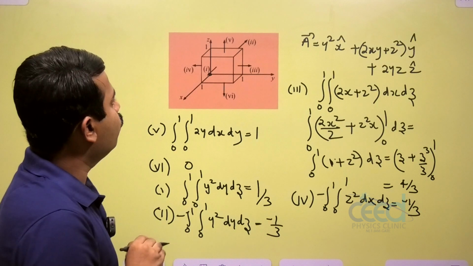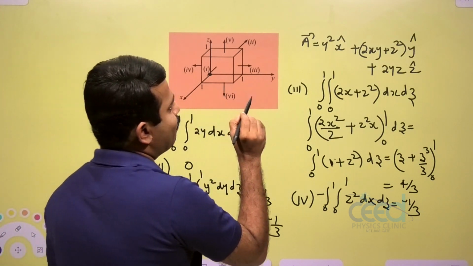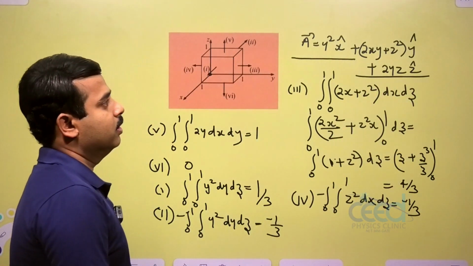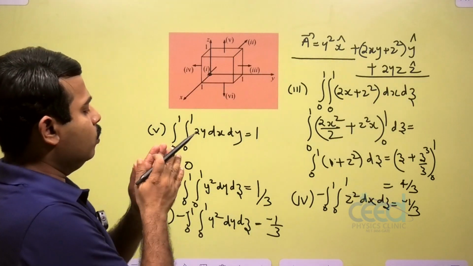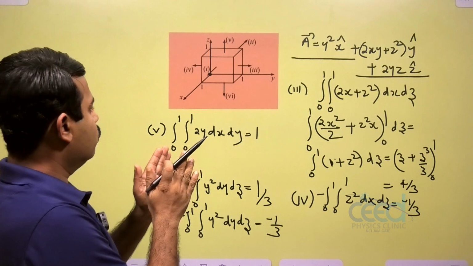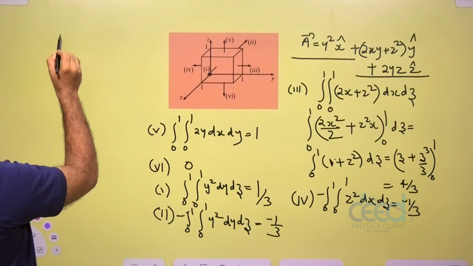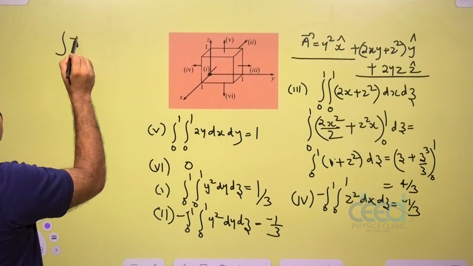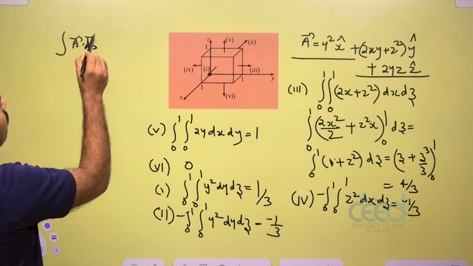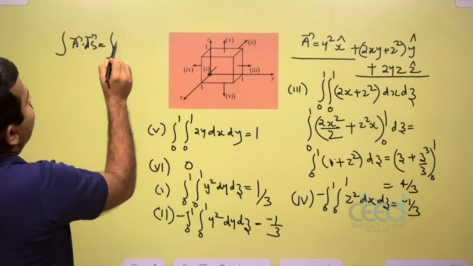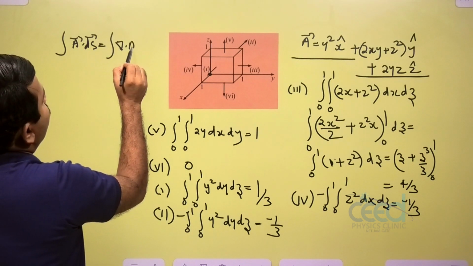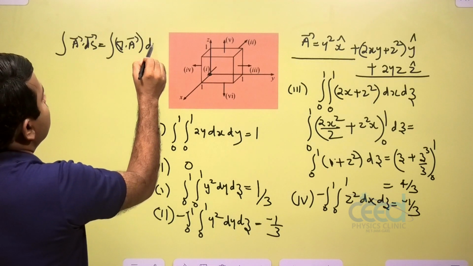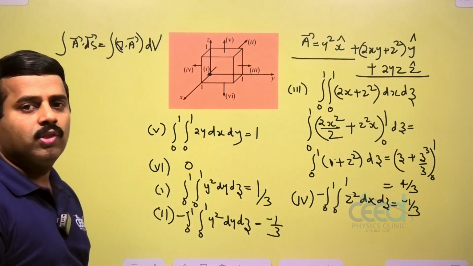Now here I am applying this vector field, which is the vector field given in the question. Basically, as per the theorem we studied, the integral of A dot dS, the surface integral, should be equal to the integral of the divergence of the vector field times the volume element dV. This is the divergence theorem.